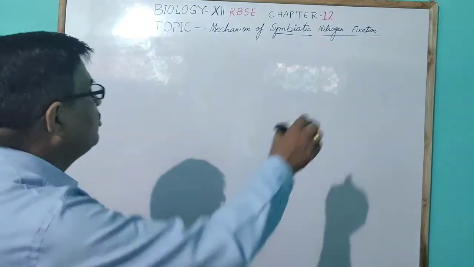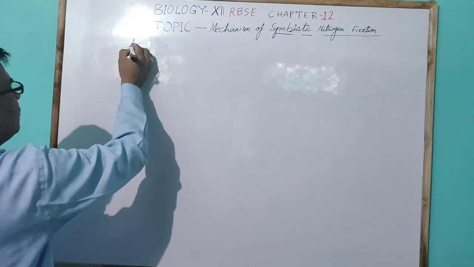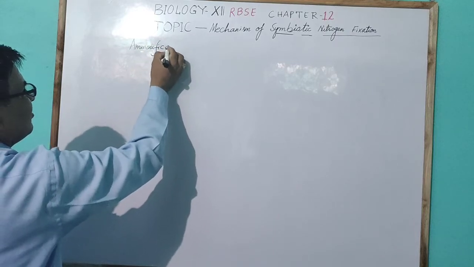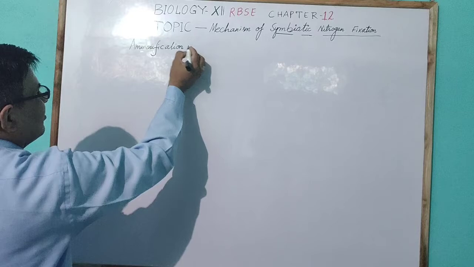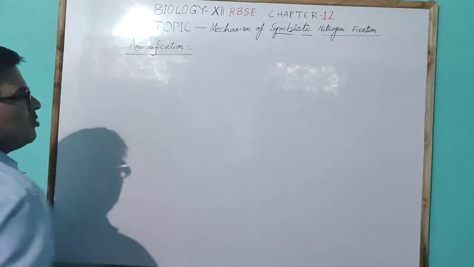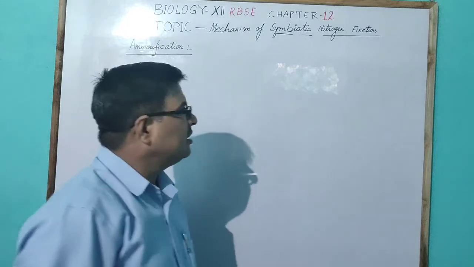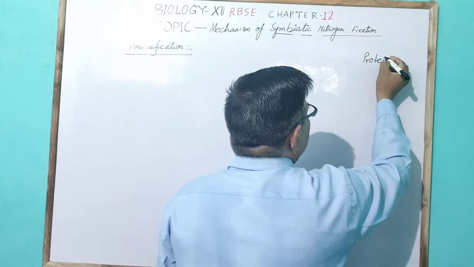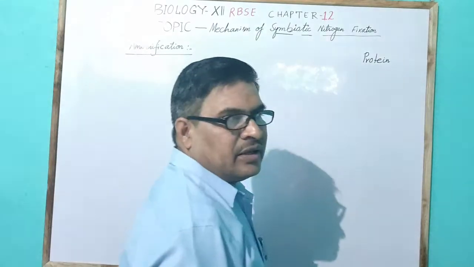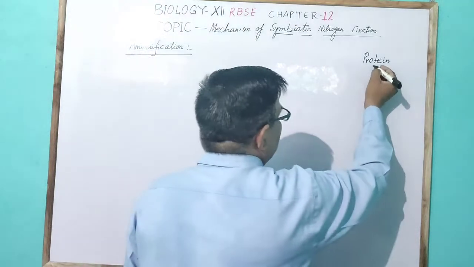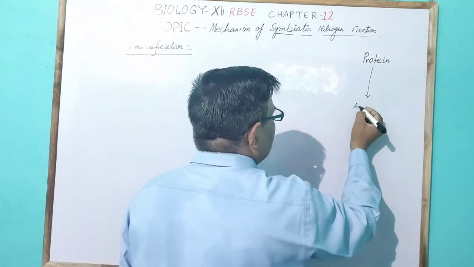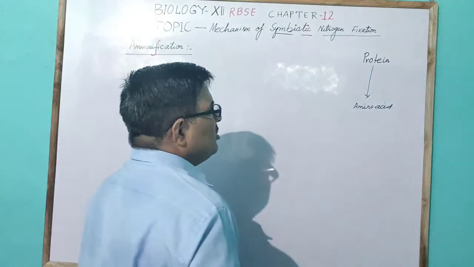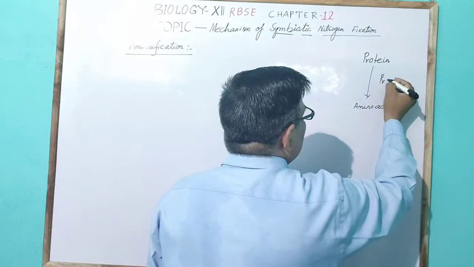Another step is ammonification. Here the word ammonification has been given. Ammonification involves the role of microbes, which convert organic compound protein into amino acid first. As protein changes into amino acid, this is called proteolysis.